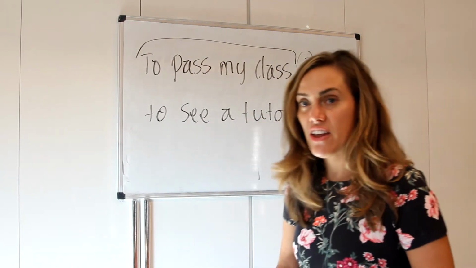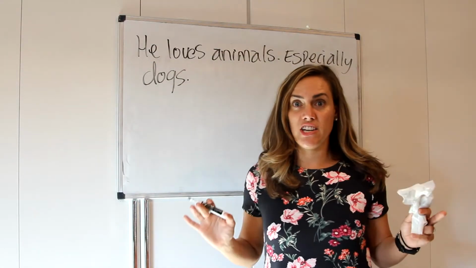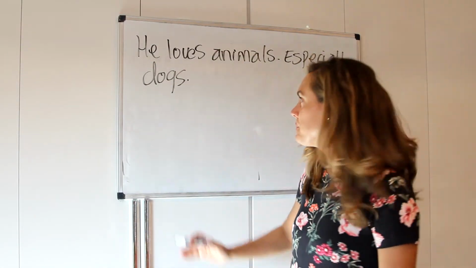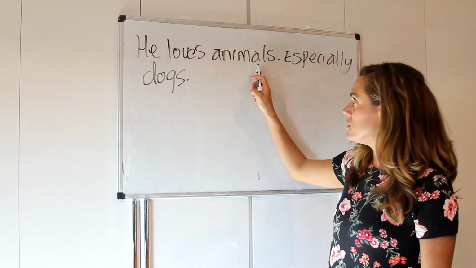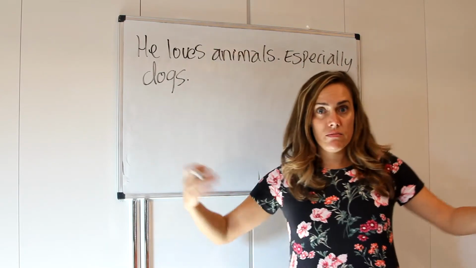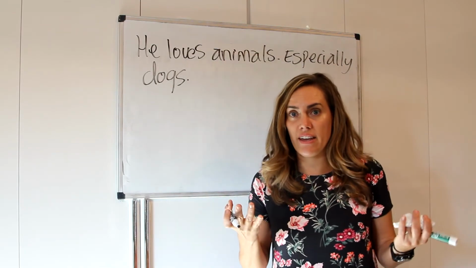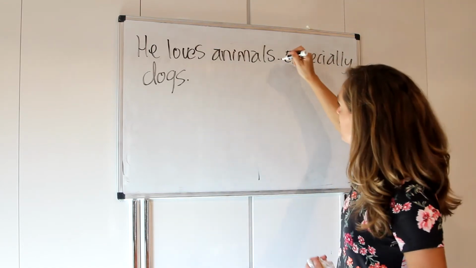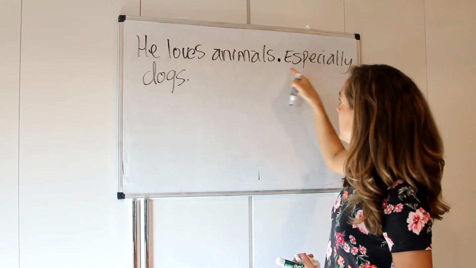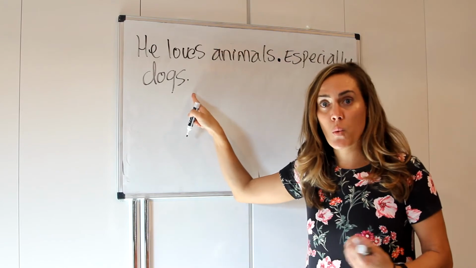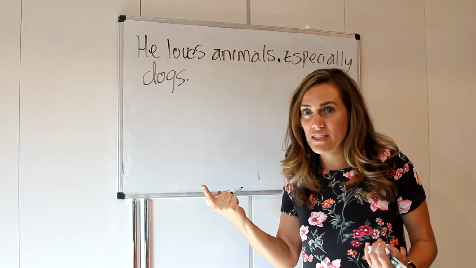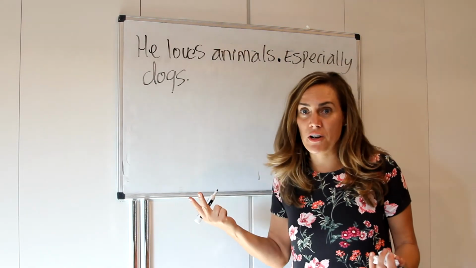Okay, let's see another type of fragment. This one I see all the time in my students' writing. "He loves animals, especially dogs." That sounds great if you're saying it, but when you're writing it, if you put a period here, this part is a problem. Why? Does it have a subject? No. Does it have a verb?